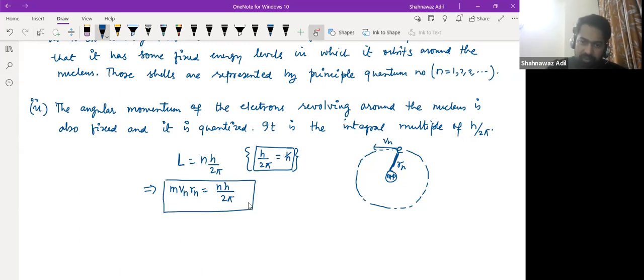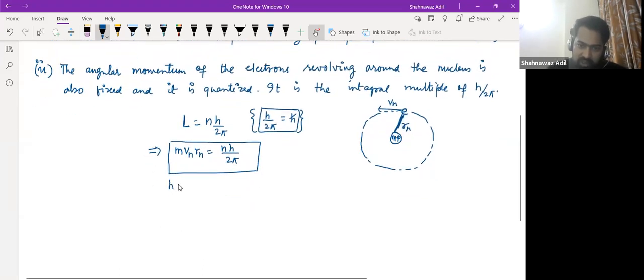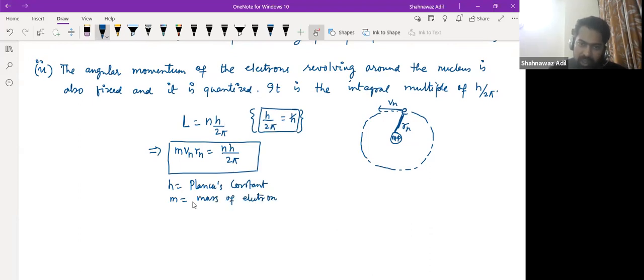Here h is the Planck's constant, m is the mass of electron, and v is the linear velocity, velocity of nth orbit.